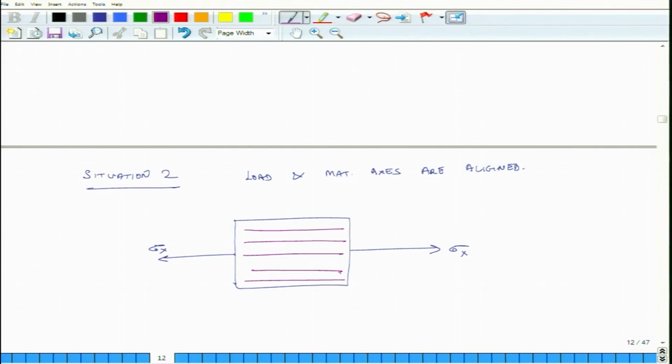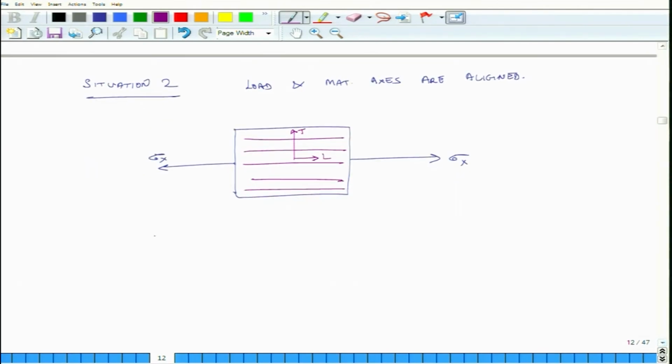So in this case they are in the L direction. This is my L direction and this is my T direction. So when load and material axes are aligned, then the behavior is similar to isotropic material. So this is the case of special orthotropy.